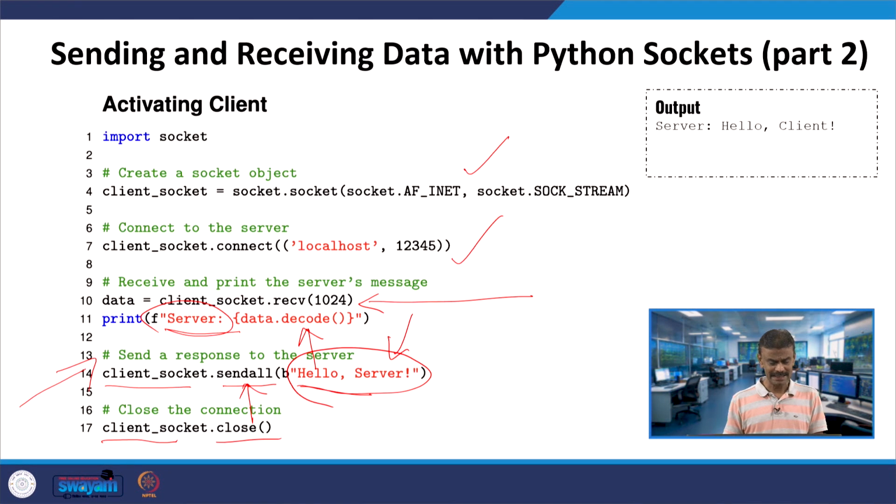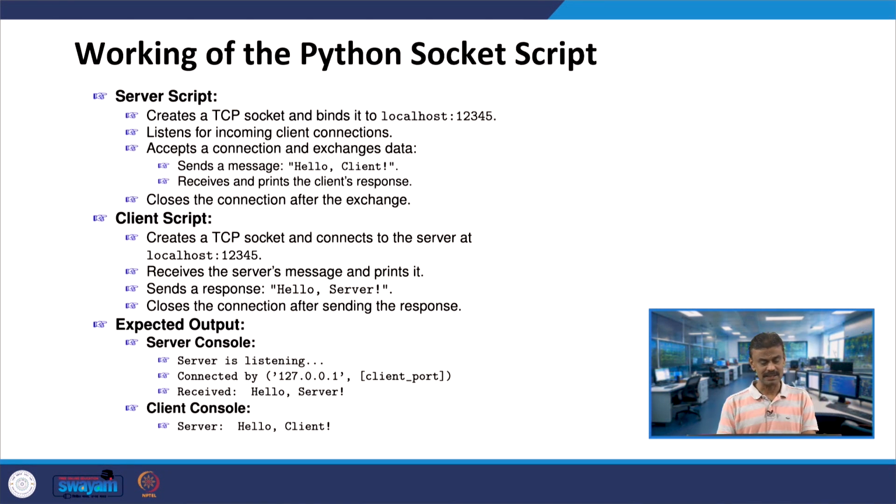All these I explained, and for your reference I have put them as text. The server script is accepting a connection and exchanging data. It is sending the message hello client, which was the first output we saw, and then it is closing the connection after the exchange. It is also receiving and printing the client's response.